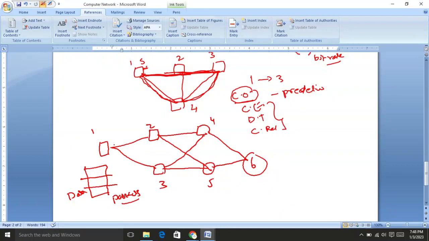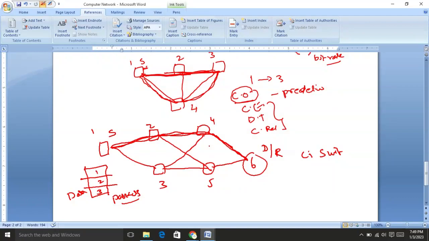Suppose all the packets of the entire data follow the same path from source to destination, or from sender to receiver. This is known as a circuit switched network. That means the circuit is pre-established and the data is transmitted over the same path.